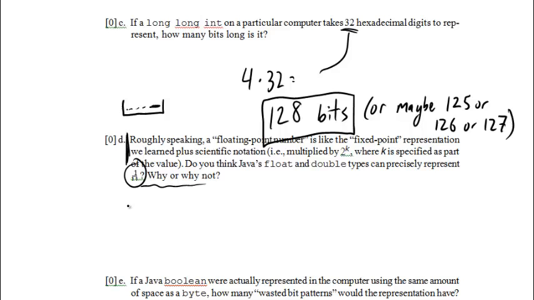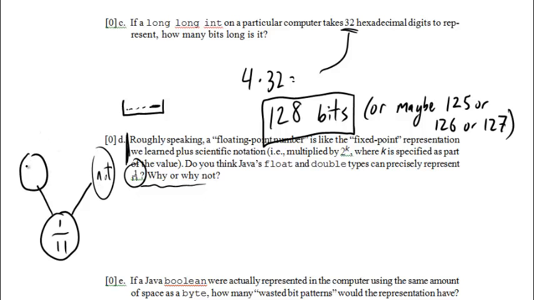Well, in our fixed point representation, can we represent 1/11th? We could try to answer that question by doing the Scottish or not thing that we did in the slides, where we said, okay, we want this person here to be 1/11th Scottish. And we can control the mom's Scottishness, but not the dad's. Dad is either all Scottish or all not Scottish. In this case, we'd want dad to be not. And then mom is going to be twice as Scottish, right?